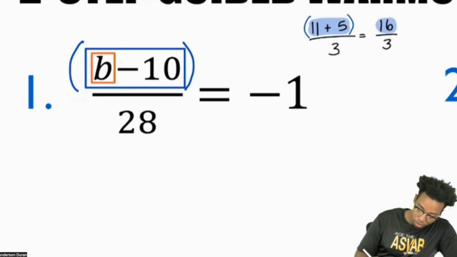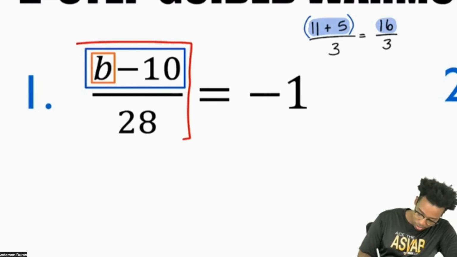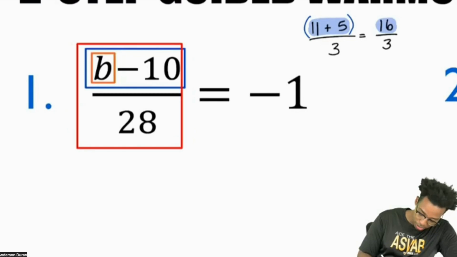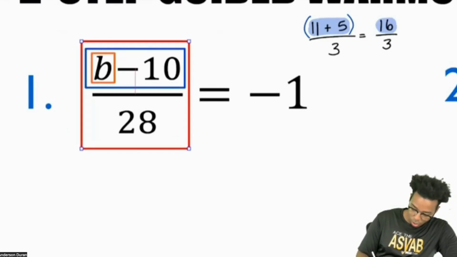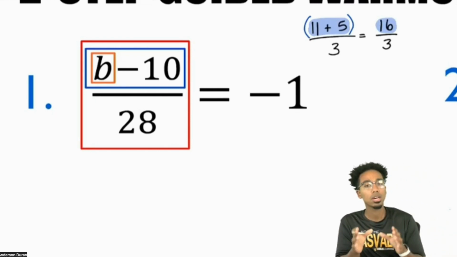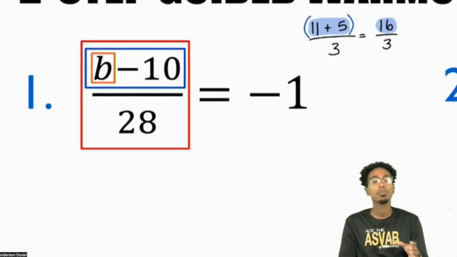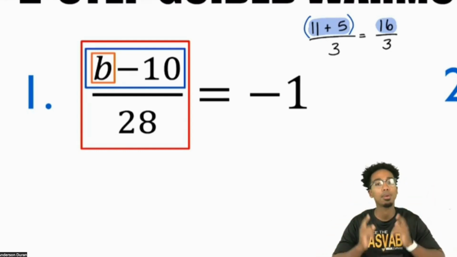And then once you're done subtracting the 10, you divide whatever that result is by the 28. So this is what the box should look like right there. That is the order of operations that we're currently looking at. Everybody, before I continue, does that make sense? You have to first do everything in the numerator, and then you divide by that denominator.